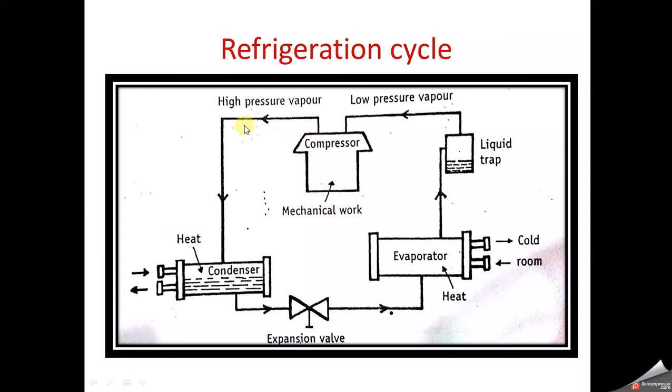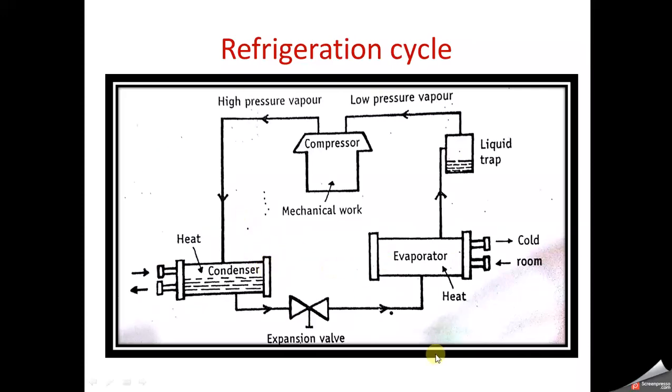Once they are exiting from the compressor, they are in high pressure vapor condition, okay. Then they will move towards the condenser, from where, with the help of heat exchangers, the refrigerant will be converted from the vapor state back to the liquid state, and this cycle will move on, right?